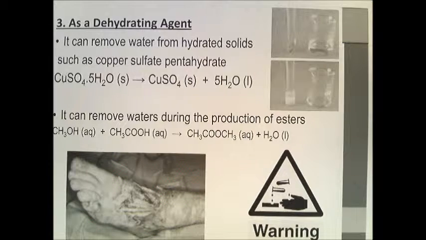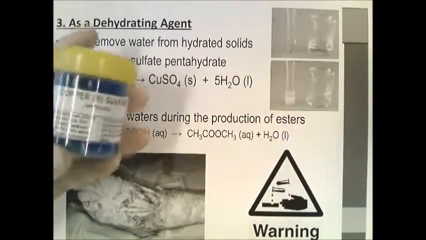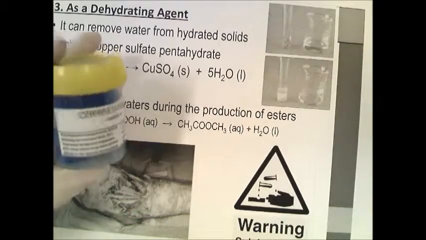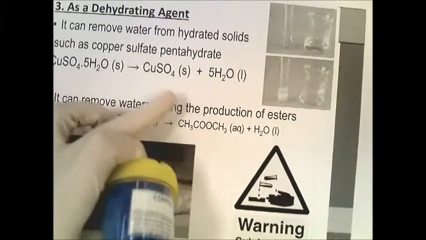Another exciting thing that it can do is if I have a hydrated copper sulfate, for example, it can remove the water from the lattice and turn it into copper sulfate without water.